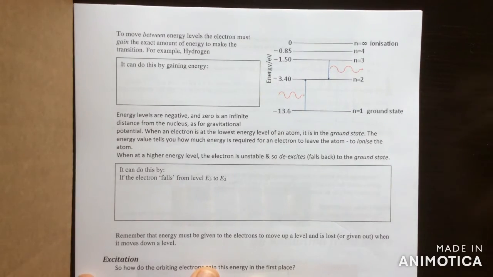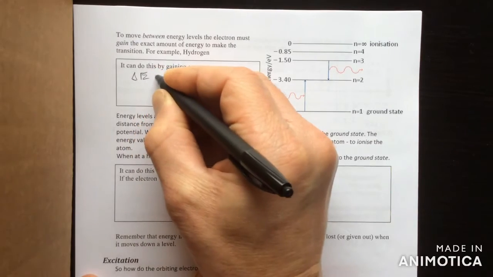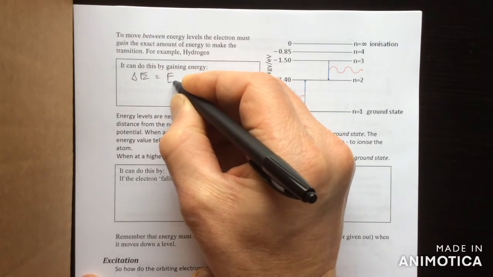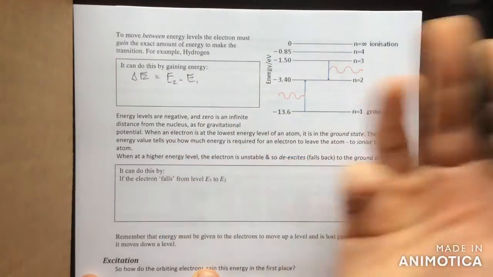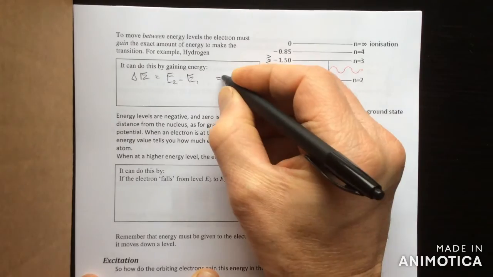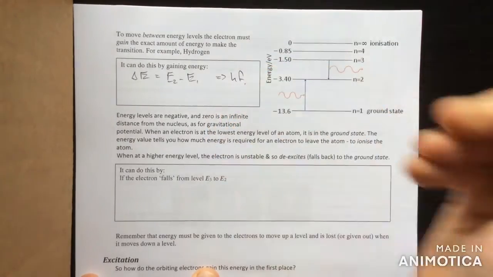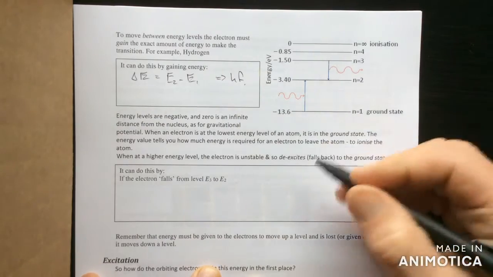From our notes last year we know that it's all about the change in energy: energy 2 minus energy 1. So the difference, subtracting the first one from the second one, will go to the frequency of the light emitted.